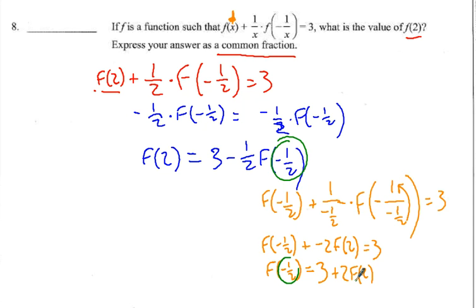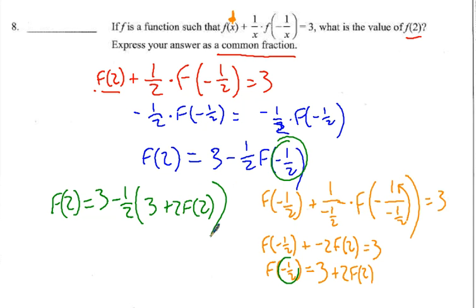So that means that f of 2 is going to be equal to 3 minus 1/2 times, instead of f of negative 1/2, we know f of negative 1/2 is equal to 3 plus 2f of 2. And now I only have f's of 2. This is really exciting. Hopefully I'll be able to divide them out pretty soon.